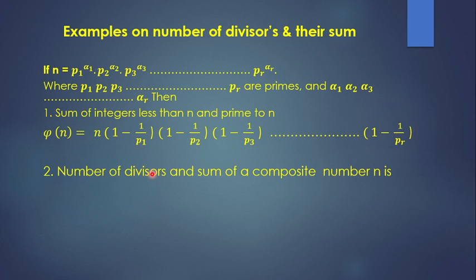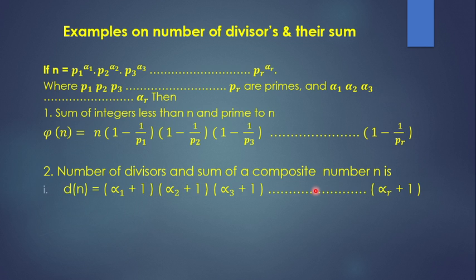Next, the number of divisors and sum of divisors of a composite number n are given by d of n. So d of n represents the number of divisors of a given number, given by alpha 1 plus 1, alpha 2 plus 1, and so on, continuing for the rth term as alpha r plus 1.